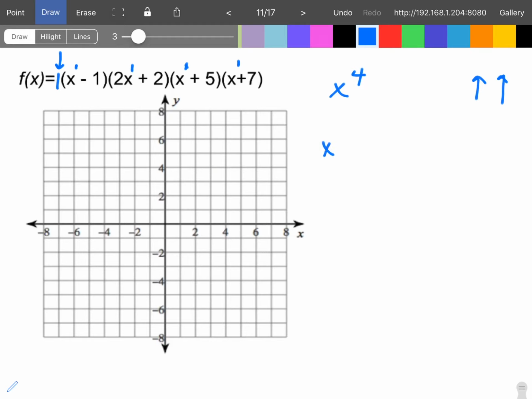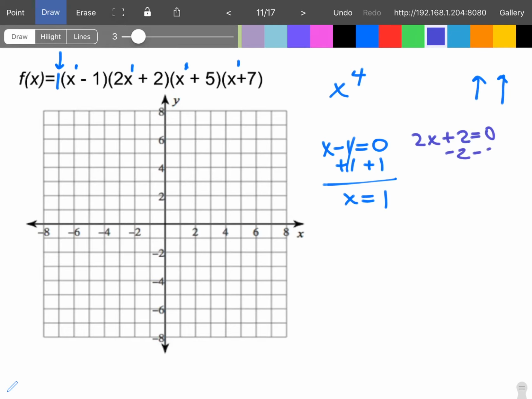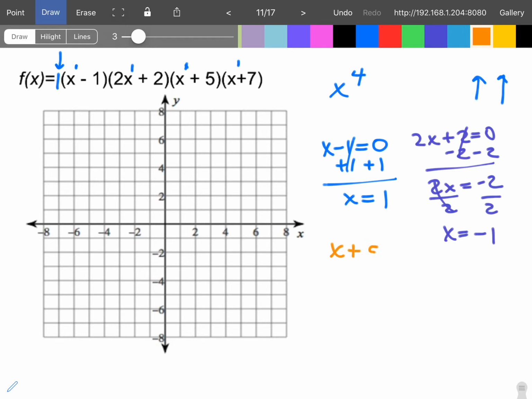We're going to find each of our zeros. You may need to pause this while you work because I am working through these kind of quickly.